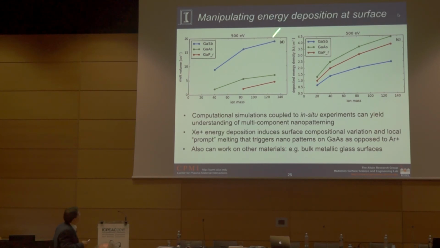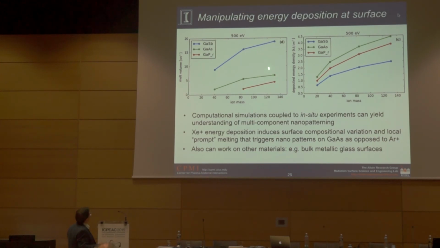There are still some questions, of course, that we have about the way the patterns evolve related to the prompt effects. It's not enough to conjecture that just the melt volume is responsible for some of the differences seen here. The point is that we see a difference in melt volume between gallium antimonide and gallium arsenide for xenon as well as for krypton and argon.